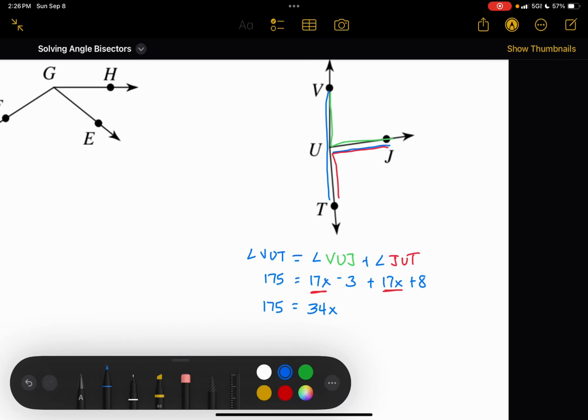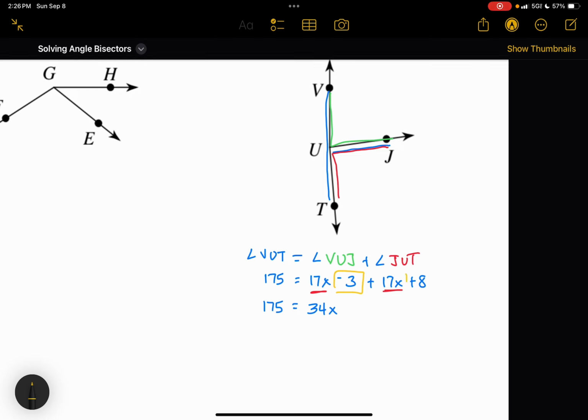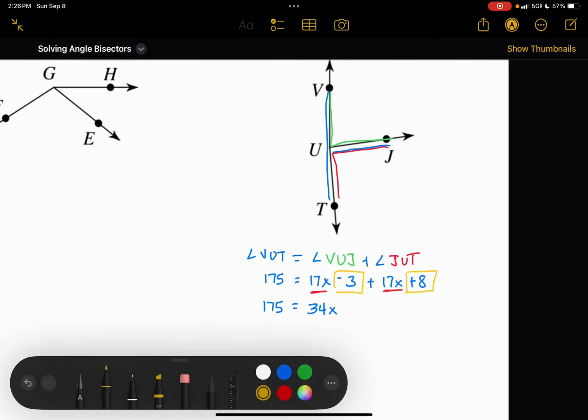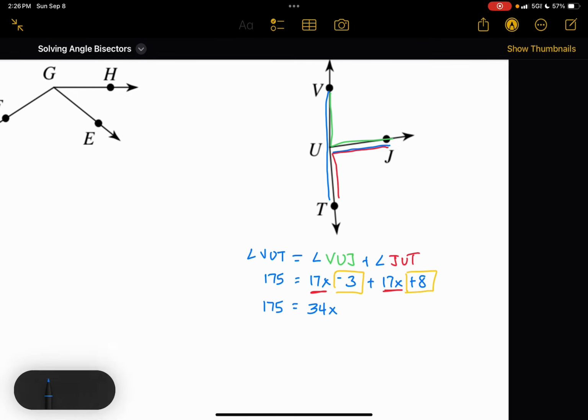And then I'm going to take this negative 3 here and add it with this positive 8 there. So negative 3 plus 8 is going to give me plus 5. If I move the 5 over, it's positive, so its opposite is going to be negative. So I have 170 is equal to 34x.